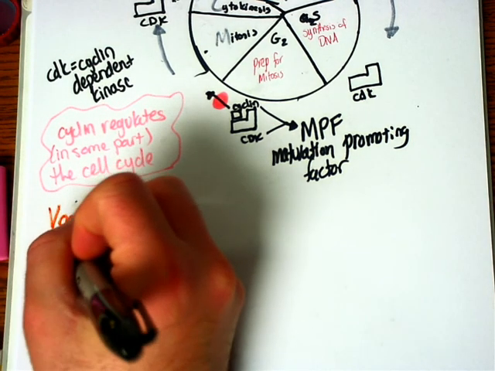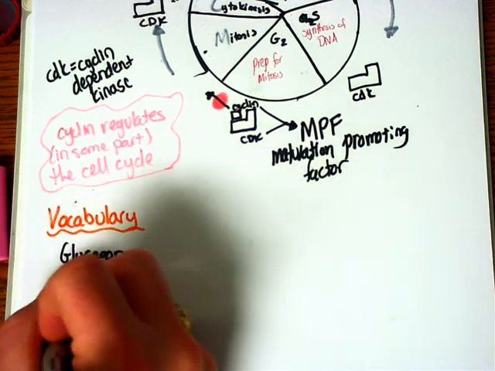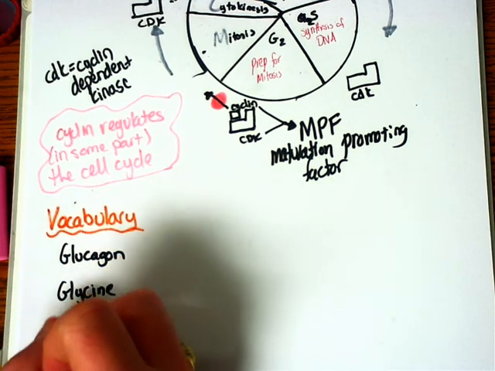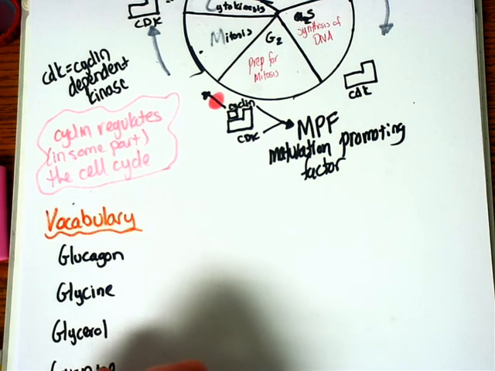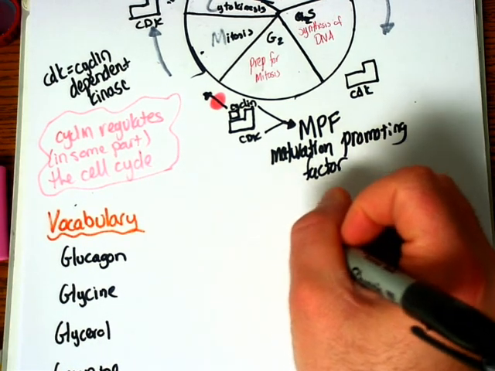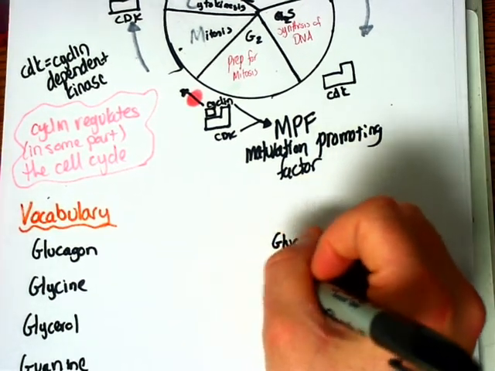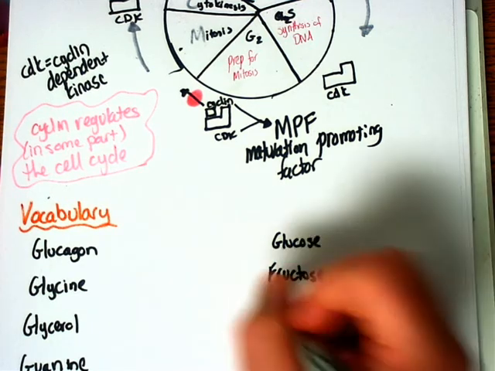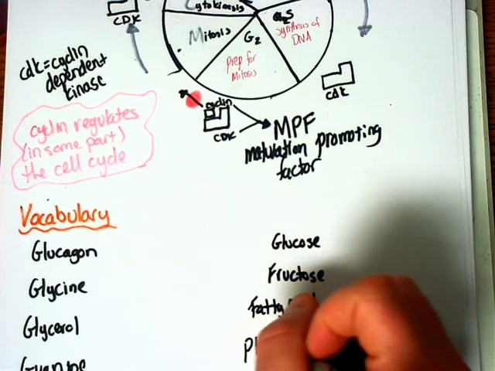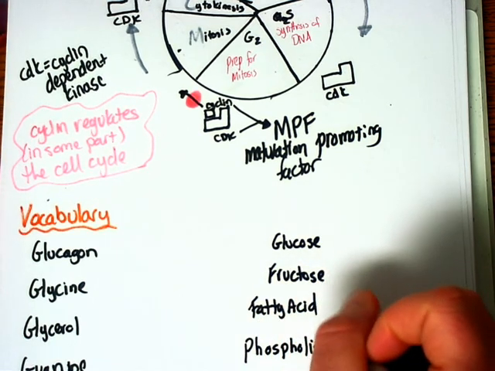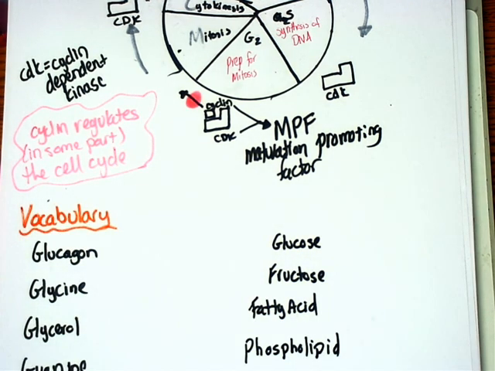I want to go through the terms glucagon, glycine, glycerol, guanine, glycogen, glucose, fructose, fatty acid, phospholipid, and insulin.